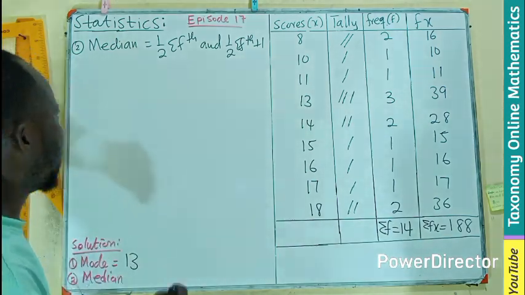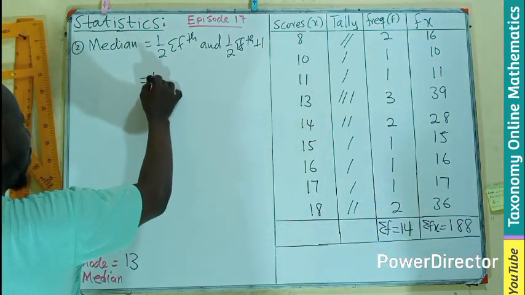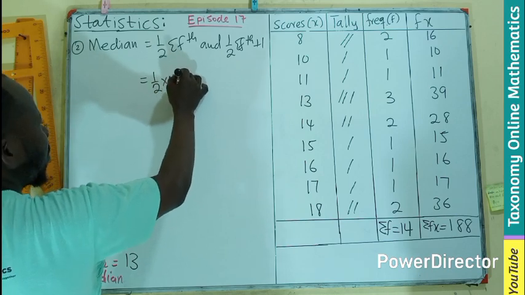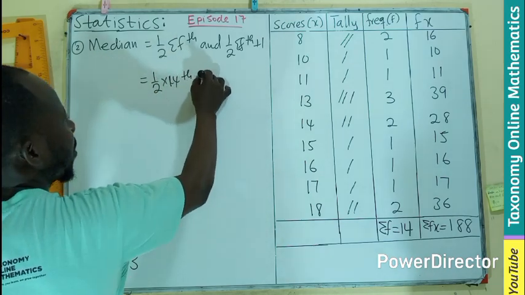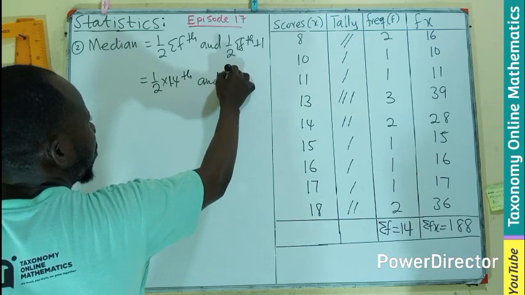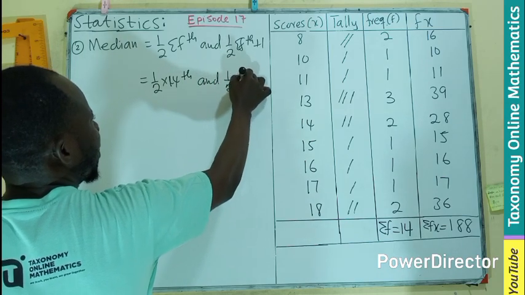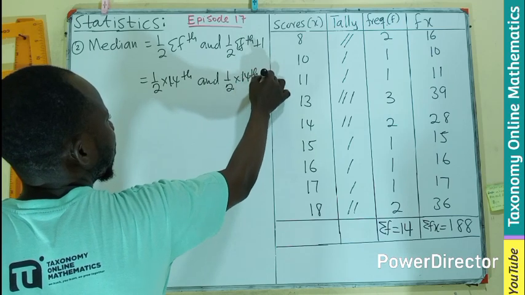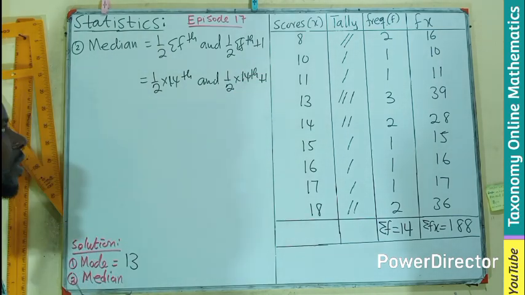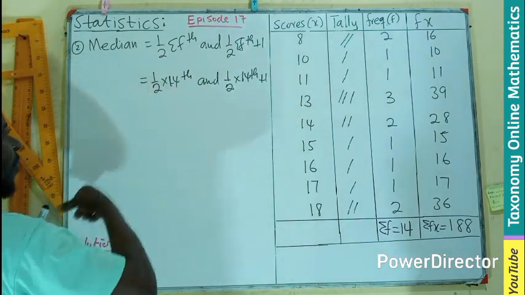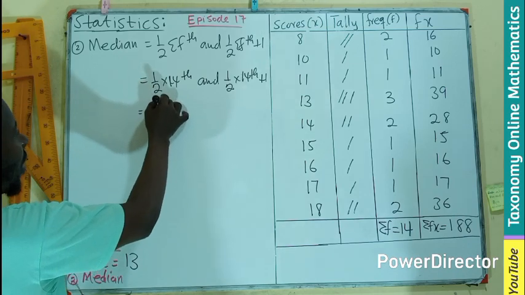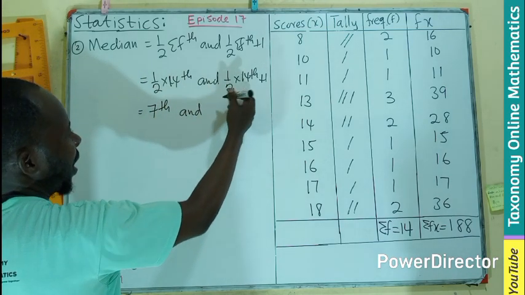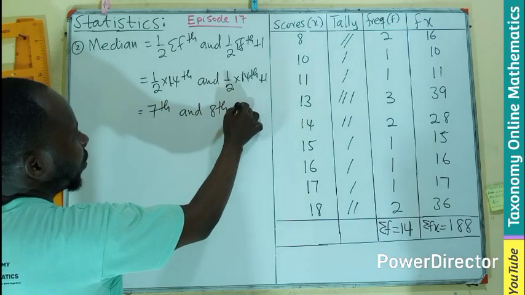So we follow this. This means 1/2 times 14 and 1/2 times 14 plus 1. This simply means that half of this is the 7th, and this is 7 plus 1, the 8th position.